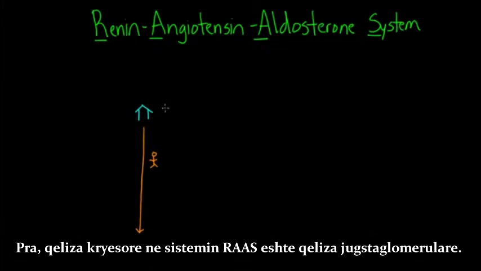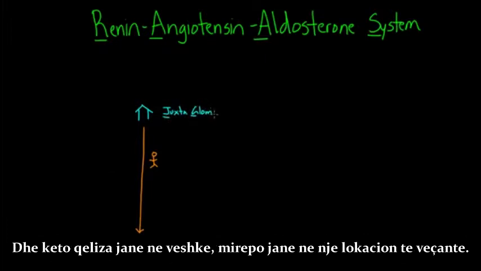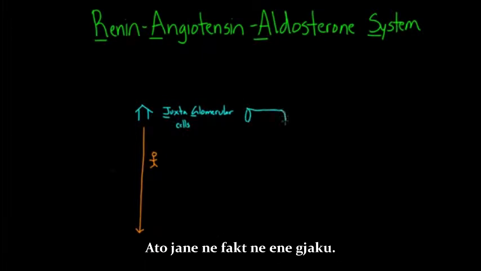Now the key cell in the RAAS system is the juxtaglomerular cell, so JG cell. And these juxtaglomerular cells are actually in the kidney, but they're in a specific location. They're actually in blood vessels.